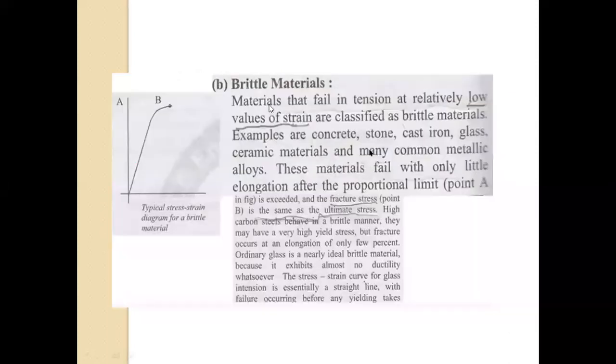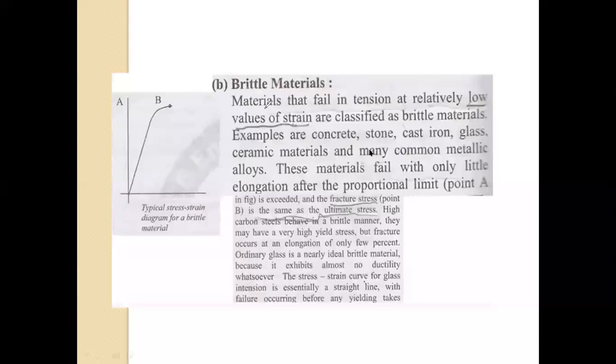Then this next third curve is for brittle materials. Already we learned about ductile material, in which there are two steels, mild steel and tar steel. Now we will see the stress strain curve for brittle material. Materials that fail in tension at relatively low values of strain are classified as brittle materials.